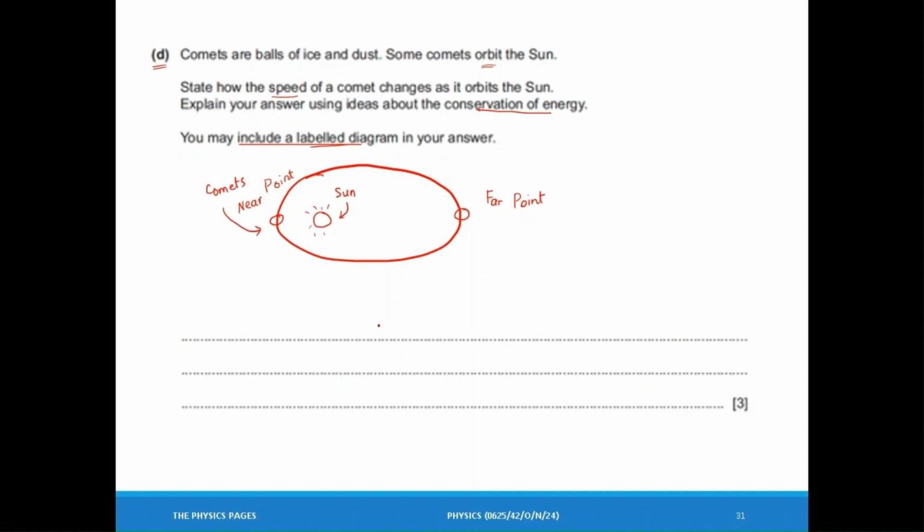What happens to the comet's speed when it is at the near point? Here, it will have more speed and more kinetic energy, but lesser potential energy, and a small average distance from the Sun.